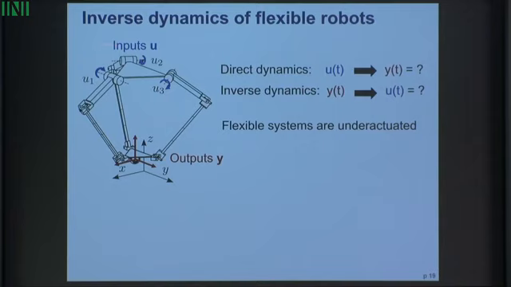The end effector is here, and the motors are here. In the model, we have to account for the vibration of the last 3 links. And so the question is, what are the torques that I need to produce a certain trajectory? So it's an inverse dynamic problem, but the problem is underactuated because you have the vibration modes of the machine between the input and the output.